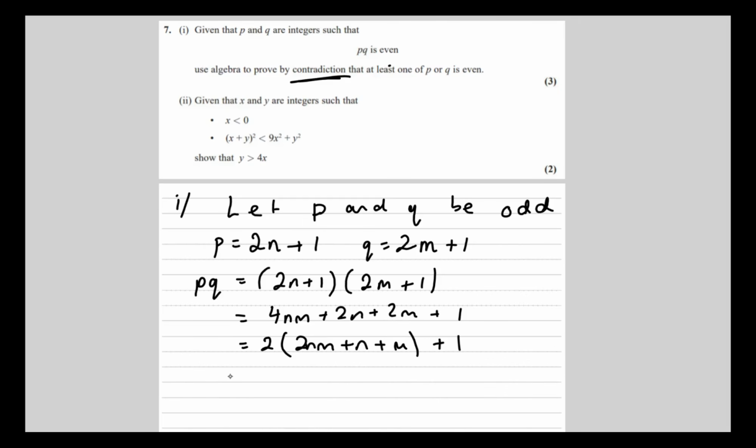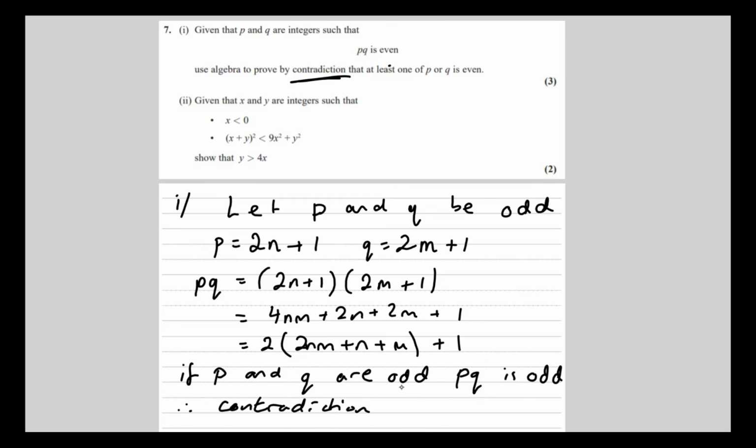So PQ is odd if P and Q are odd. PQ is odd. Therefore, we have a contradiction and one of P or Q must be even.